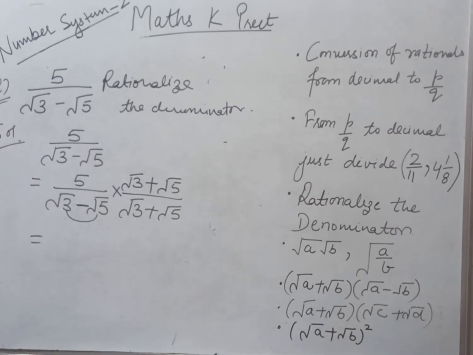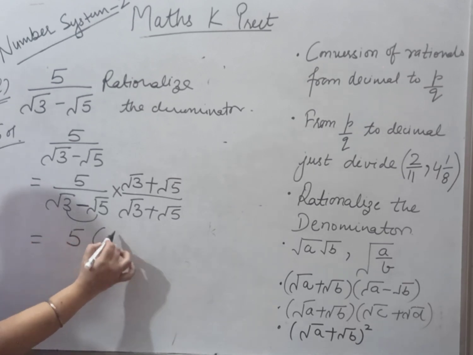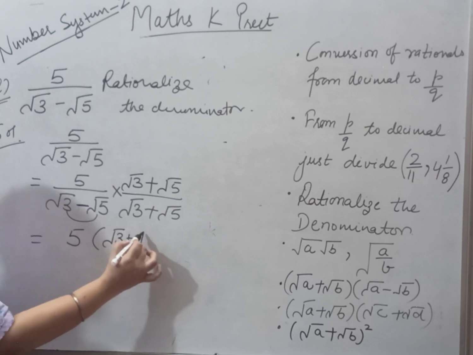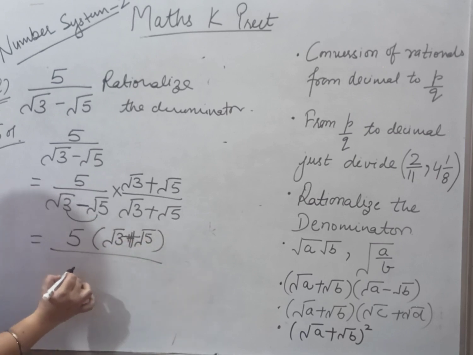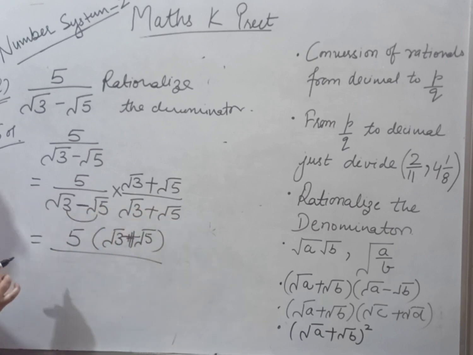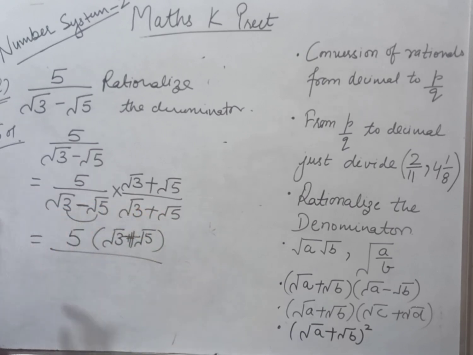This is equal to what? We know how to multiply fractions. Just multiply numerator with numerator, this is plus, and denominator with denominator. So this is of the type a minus b, a plus b, and a minus b, a plus b is a square minus b square.